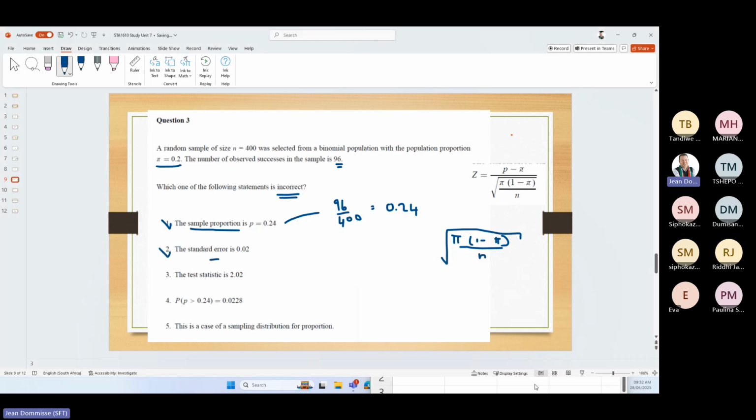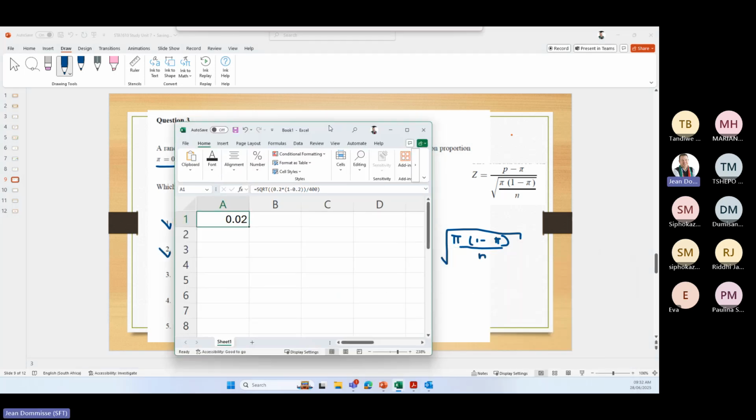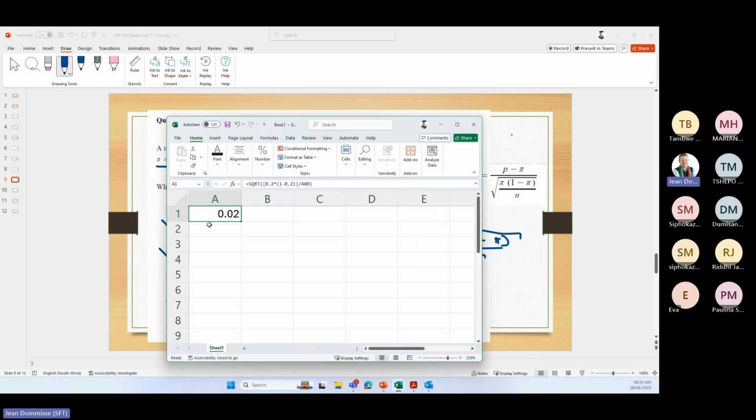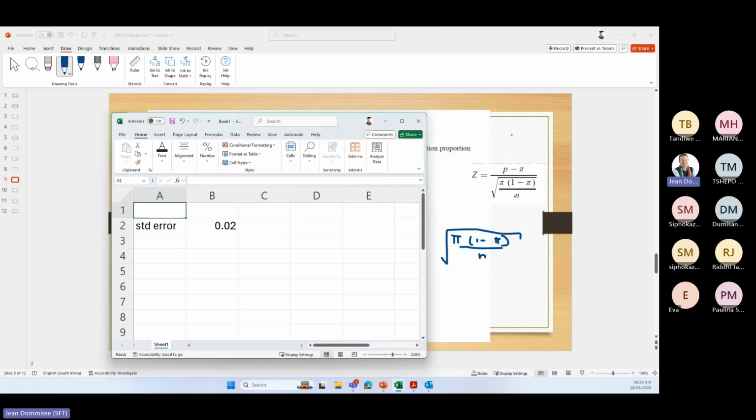So now let's use that Excel to just do a bit more. So I'm going to move that there, say that is the standard error. Let's look at the component above.